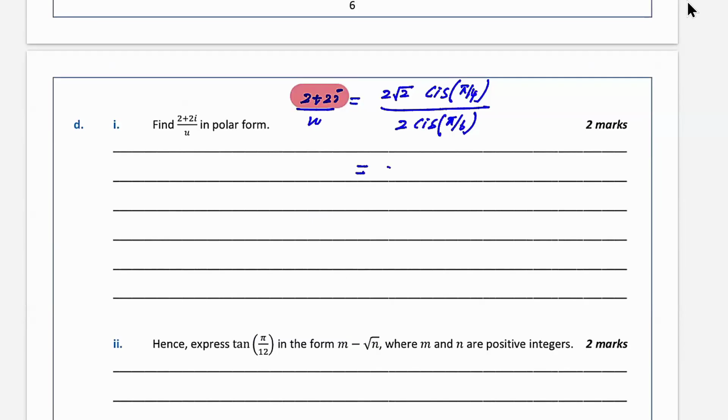So if the division rule is happening, square root 2, the radius, is fine. My angles are subtractive. So it's going to be square root 2, 6, answer, pi divided by 12. Is that cool? That's the answer. 2 marks, good.